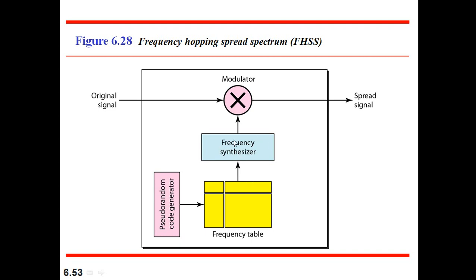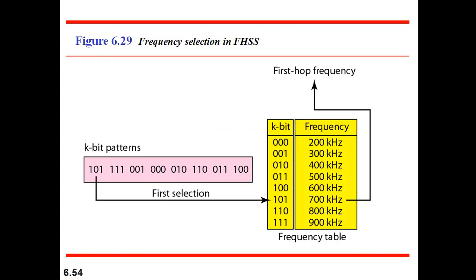This frequency synthesizer creates a carrier signal with that frequency, and the source or original signal modulates that carrier signal. That is how we select the carrier frequencies for our spreading process.